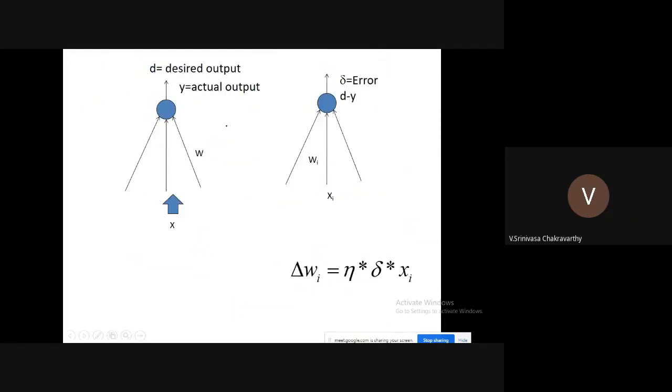The perceptron learning rule is just delta wi equal to eta times (d minus y) times xi, or delta b is equal to eta times (d minus y). So this is closer to your linear discriminant function. You don't have this G prime problem when you use the step function, we'll use this. When you use a sigmoid function, we'll use that G prime. Because in case of the step function, if you use G prime, it will become useless. The weights will never change.